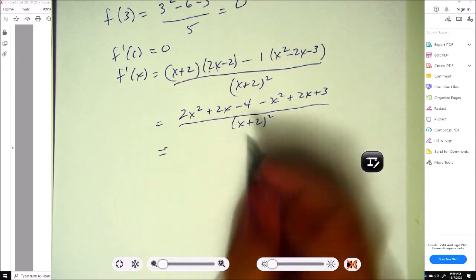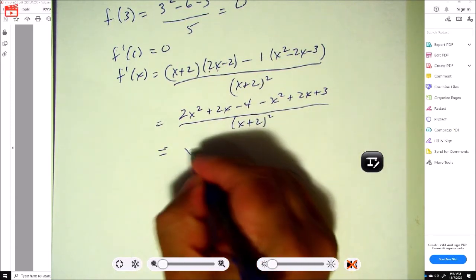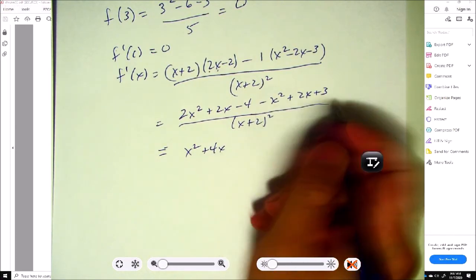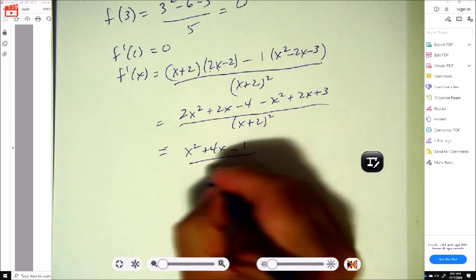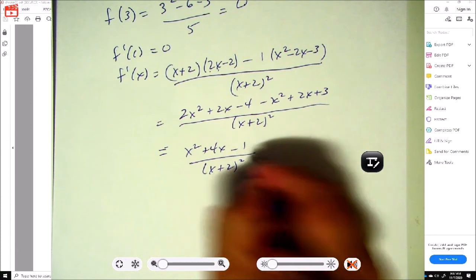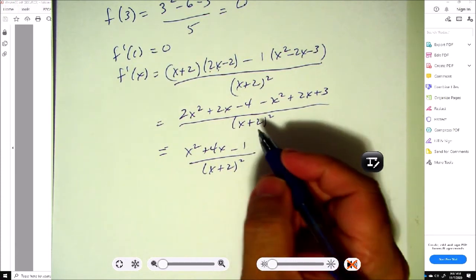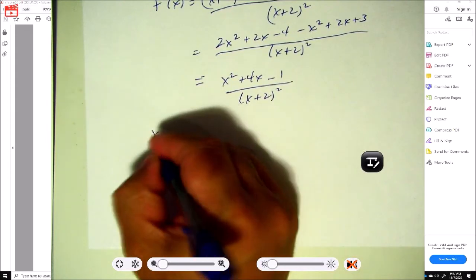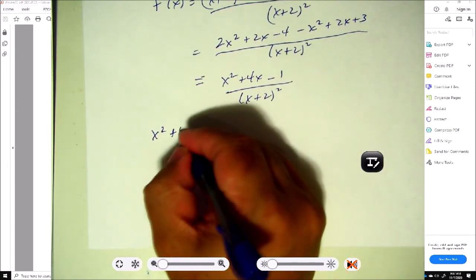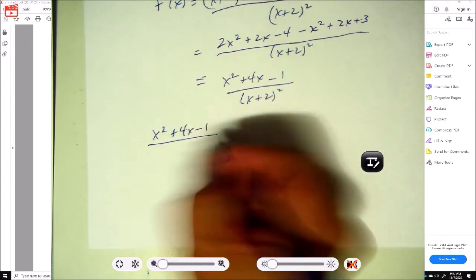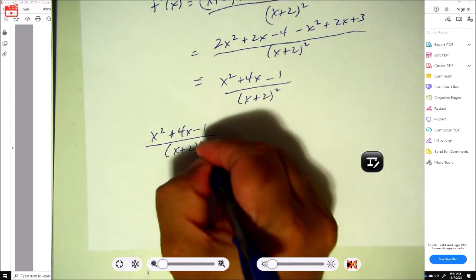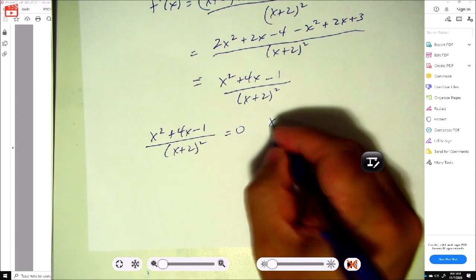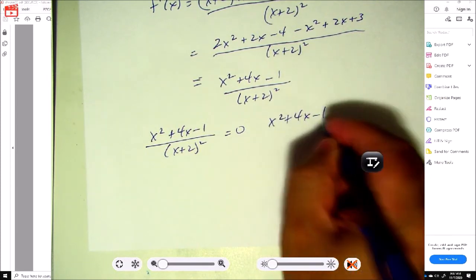And so that would be x squared plus 4x minus 1 over x plus 2 squared. Alright, and we want this derivative equal to 0. So we set it equal to 0. Remember, for a fraction equals 0, only the numerator need equal 0. So we're basically solving this equation.